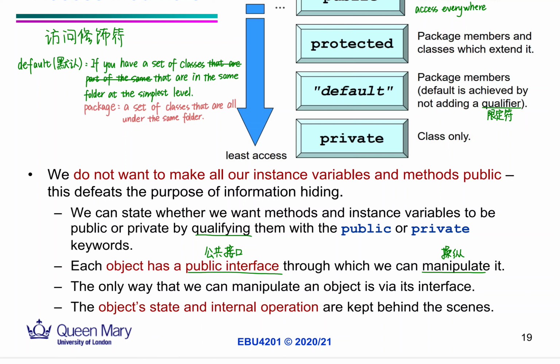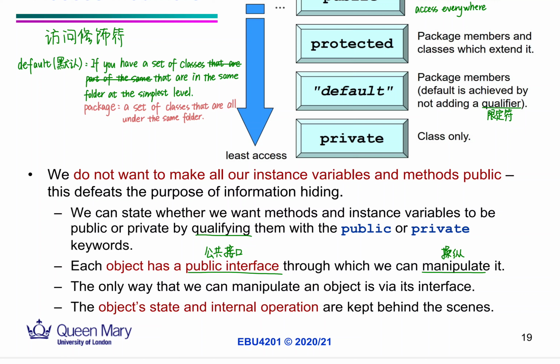We don't want to make our instance variables and methods public. This defeats the purpose of information hiding and encapsulation. So we can state whether we want methods and instance variables to be public or private by qualifying them with public or private.